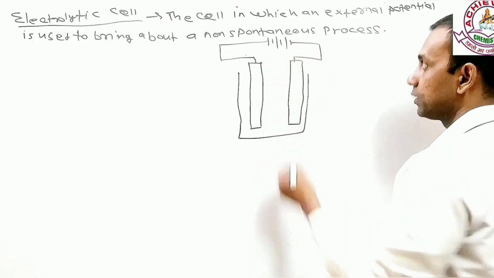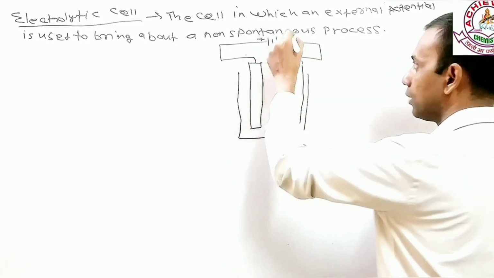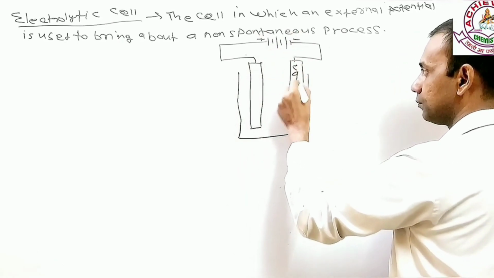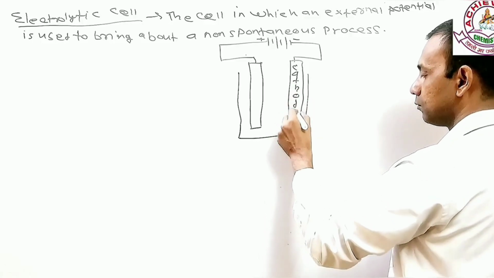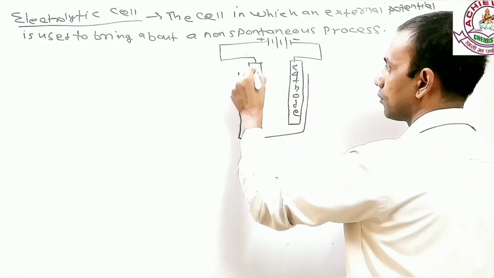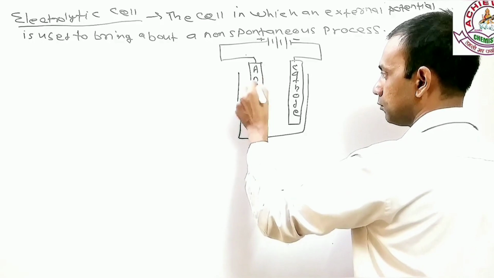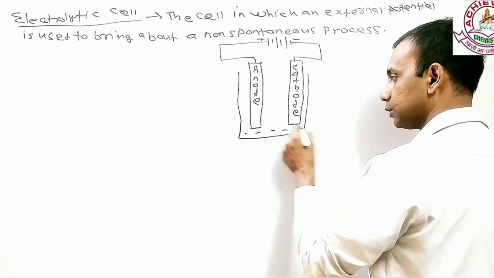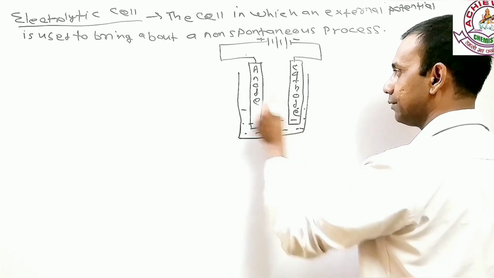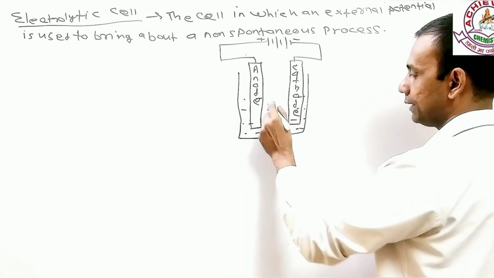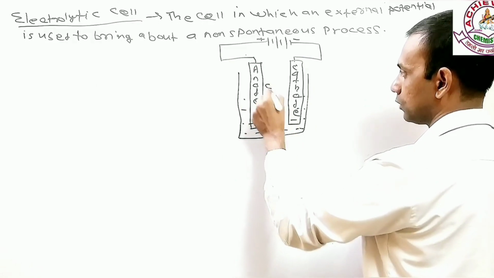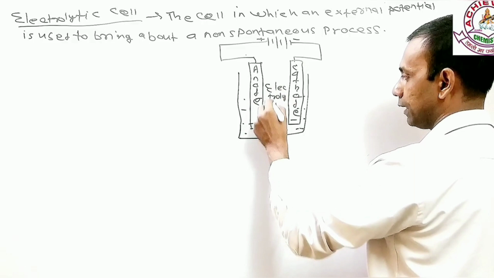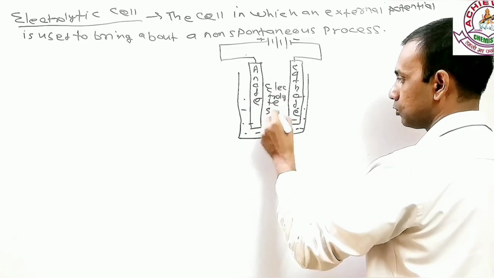As you can see, this is your cathode here, and this is your anode here. Now what you have to do is put some electrolyte solution inside. So there is an electrolyte solution.